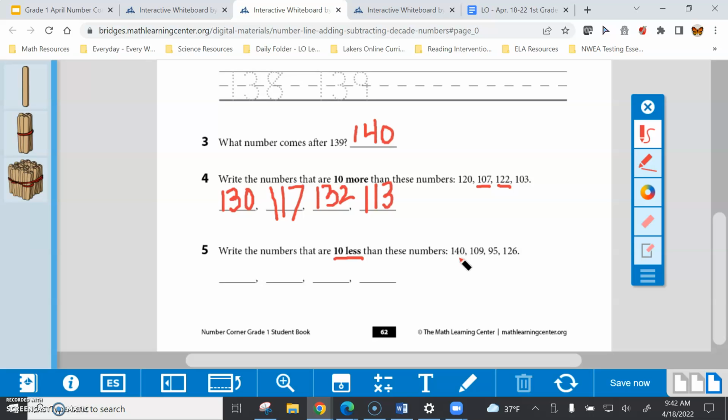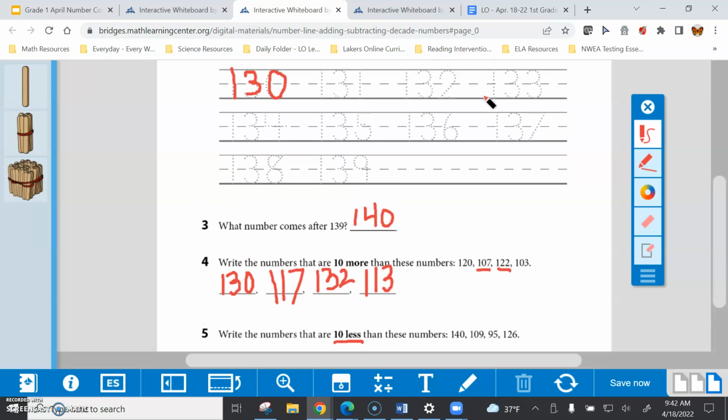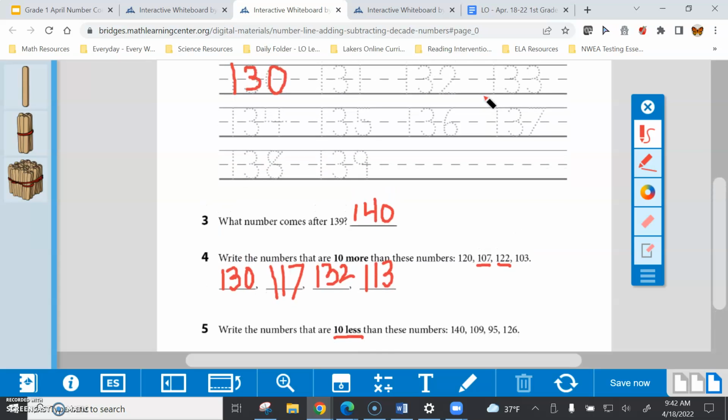What's the number before 140? We just did that up here. Oh, you should know this one. 139, 138, 137, 136, 135, 134, 133, 132, 131, 130.